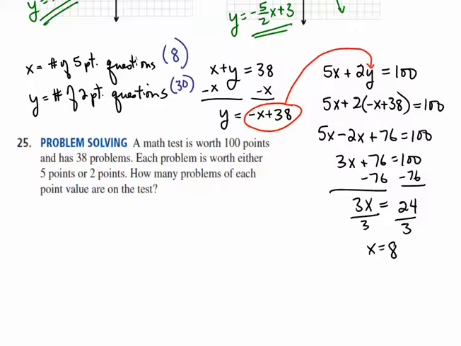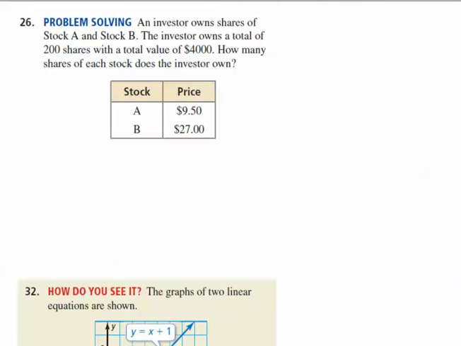Now, if we were going to double check, we know that 5 times 8 is 40, plus 2 times 30, which is 60, and 40 and 60 does indeed equal 100, and so we get the final answer there. The number of 5-point questions is 8, the number of 2-point questions is 30. All right, we are going to go on to another problem here then.